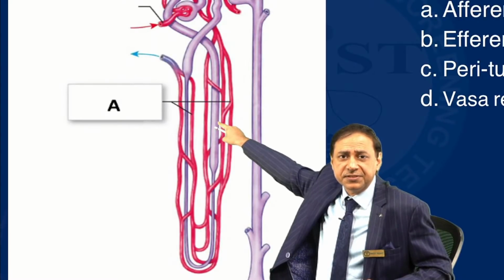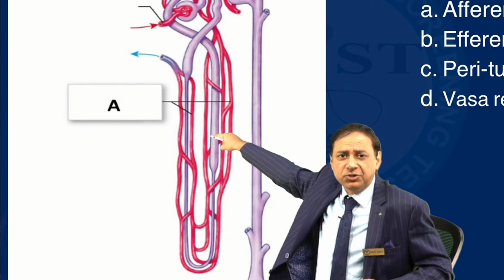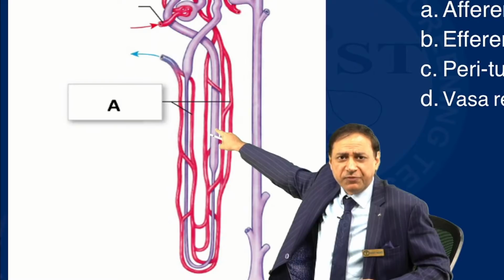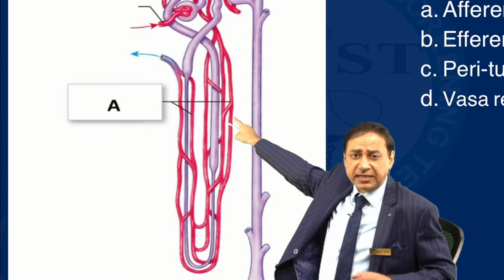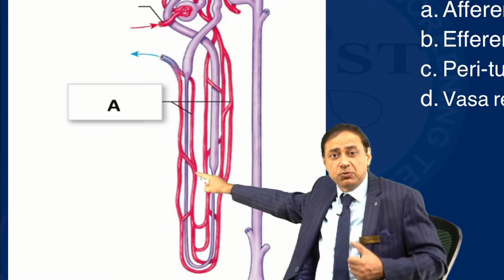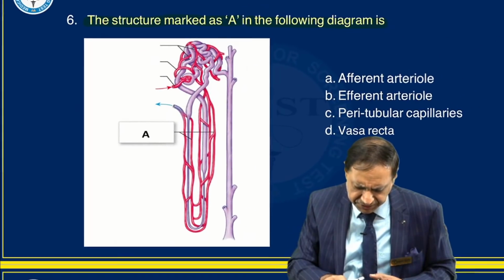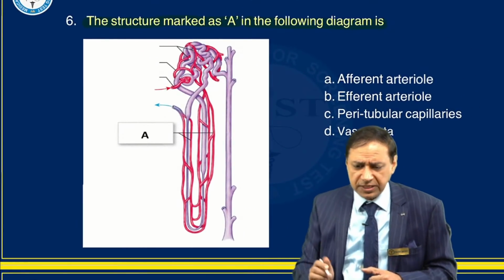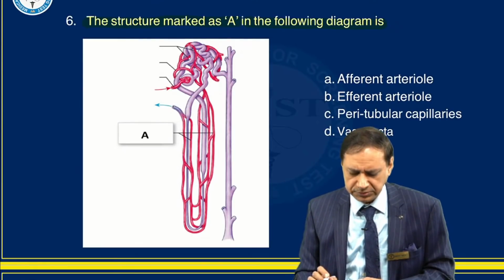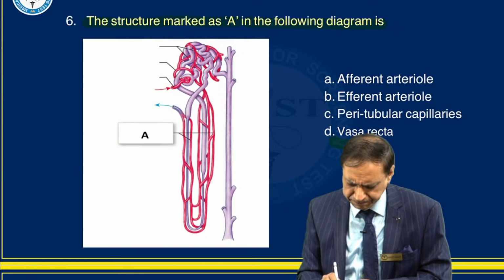What is this? This is the loop of Henle. And what is this? The capillaries which are surrounding the loop of Henle. What is this structure? This is the vasa recta.